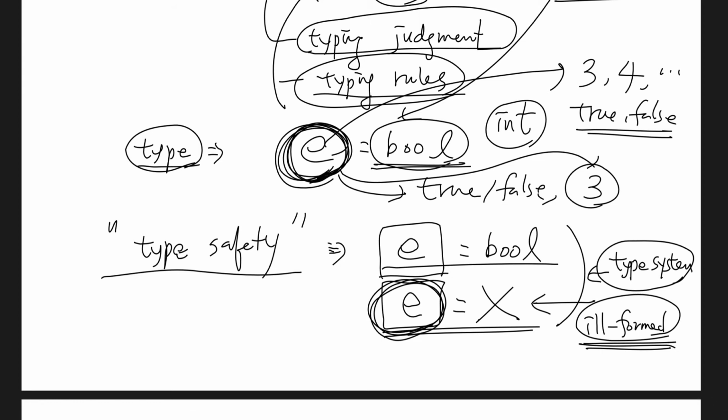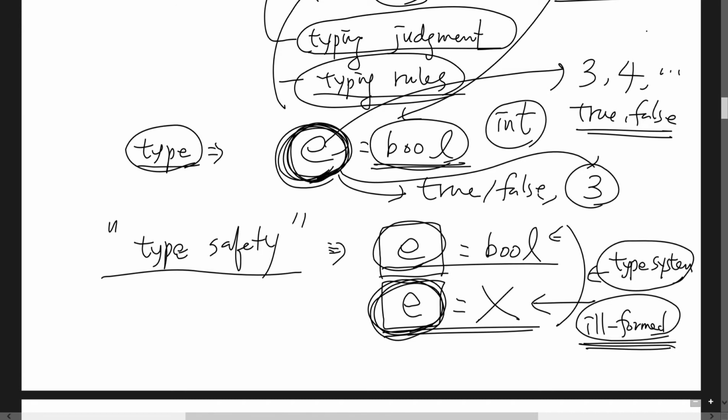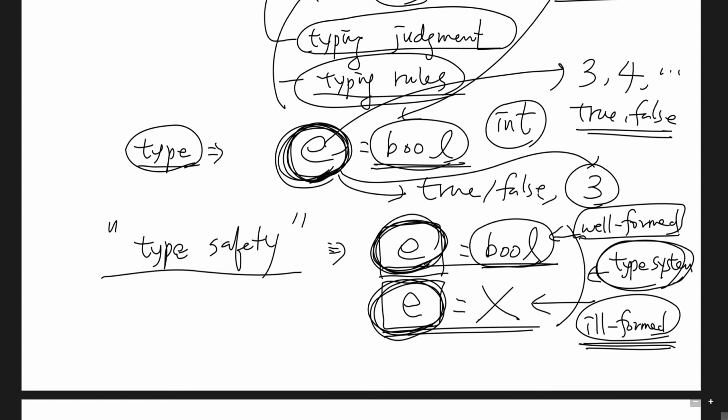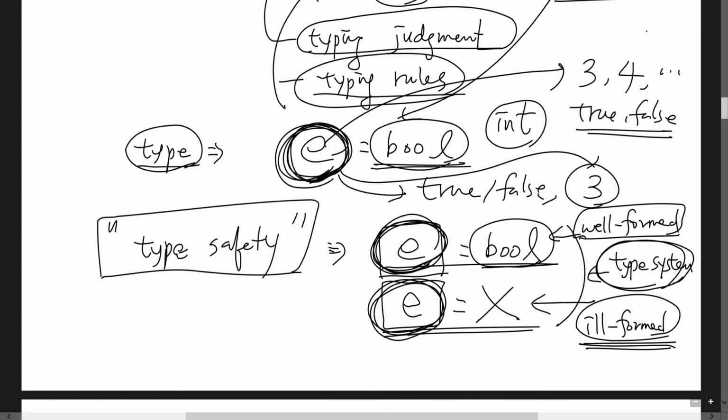But now what happens if this expression is well-formed? The type system decides that your expression is well-formed, so we can assign a valid type, such as a bool, to this expression. And then this type safety property comes into play.